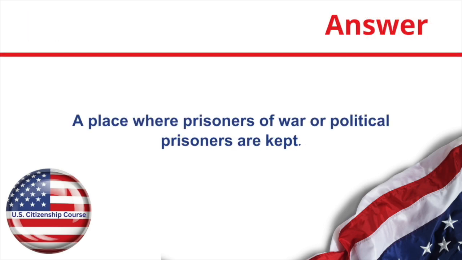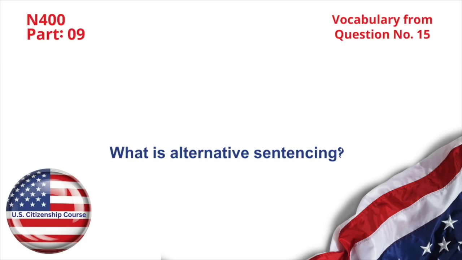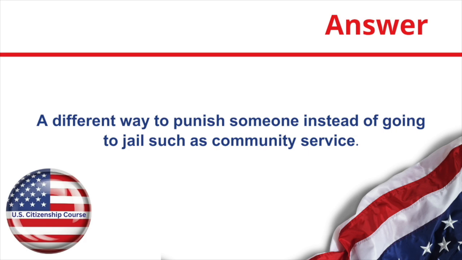A place where prisoners of war or political prisoners are kept. What is alternative sentencing? A different way to punish someone instead of going to jail, such as community service.